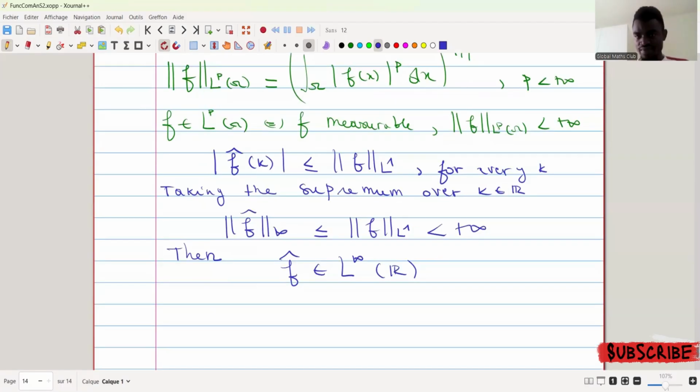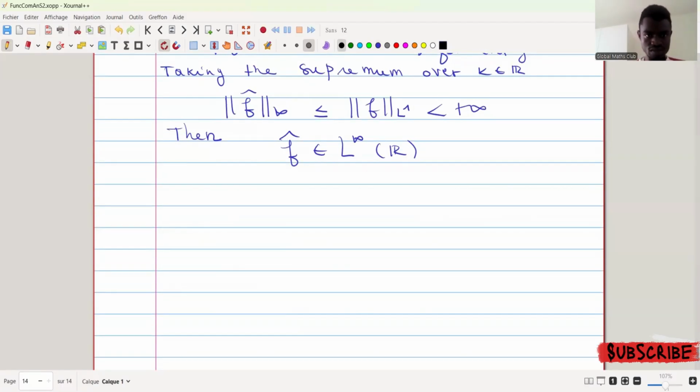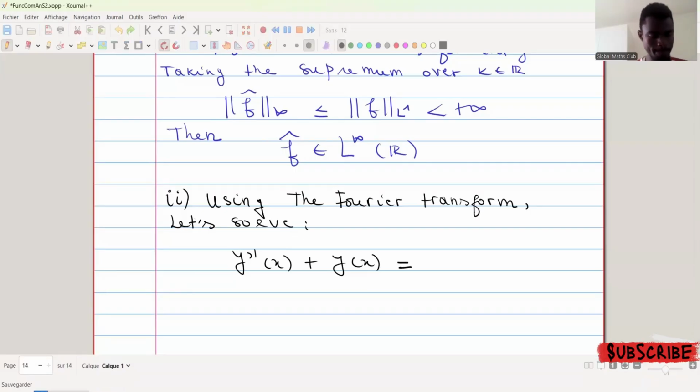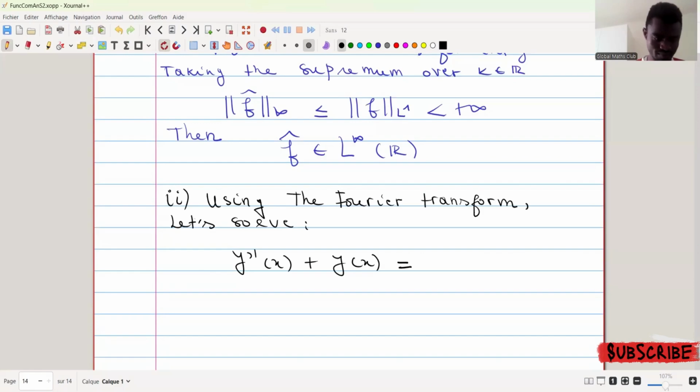So the last question of this session, and the last question of today, using the Fourier transform, let us solve this ODE, this ordinary differential equation, y double prime of x plus y of x equal to this.